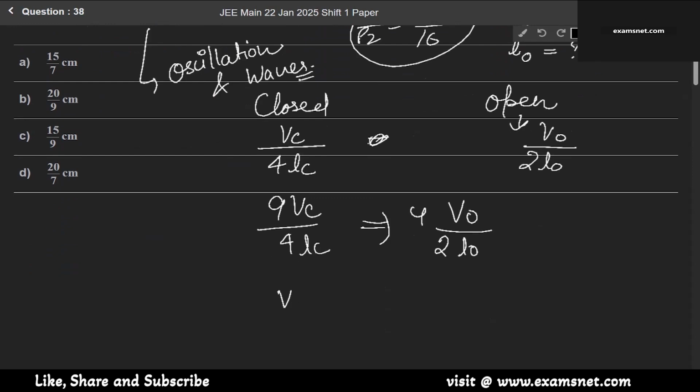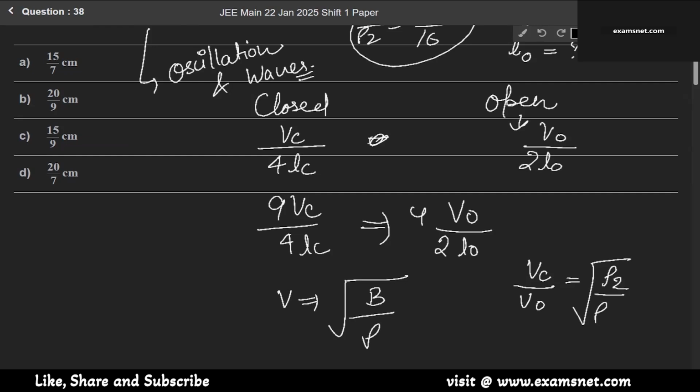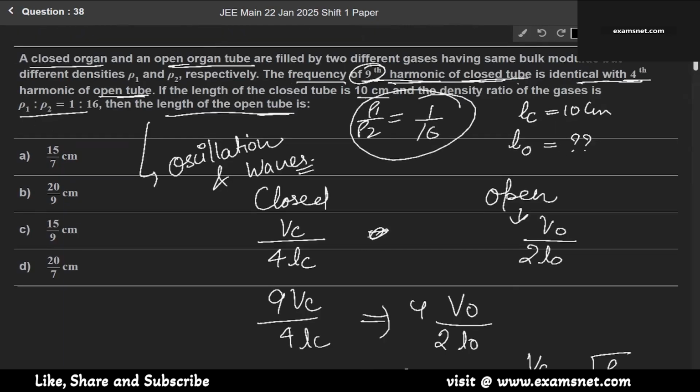First of all, we know that V is equal to under root of B over rho. This formula we all know. So using this formula, we can write Vc over V naught is equal to under root of rho 2 over rho 1, since we are given that the bulk modulus is same.